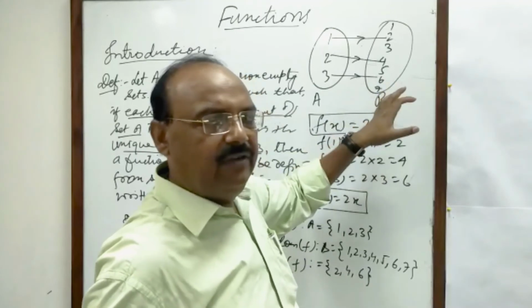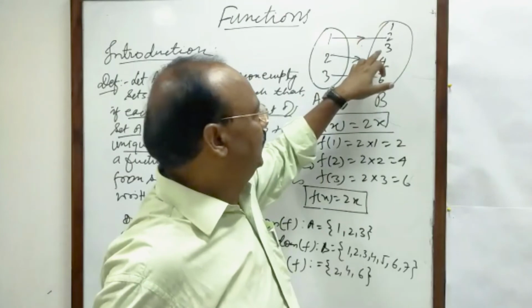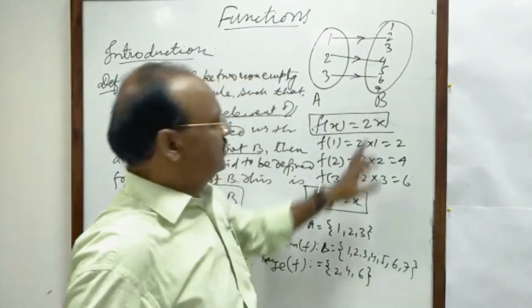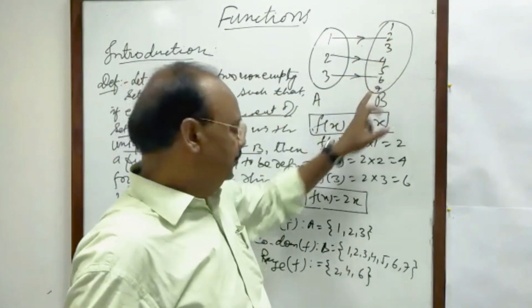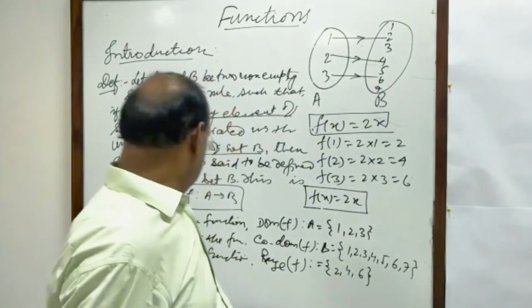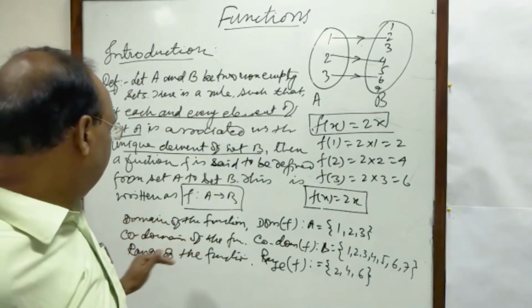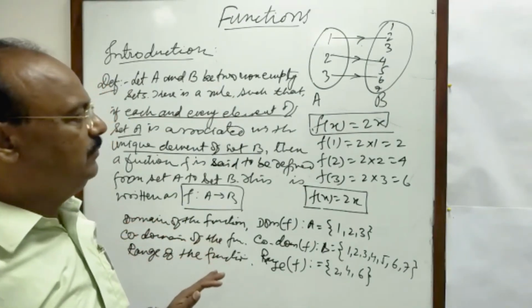So alternatively we can say that range is the set of images. So this range consists of elements 2, 4 and 6, the set of images only.